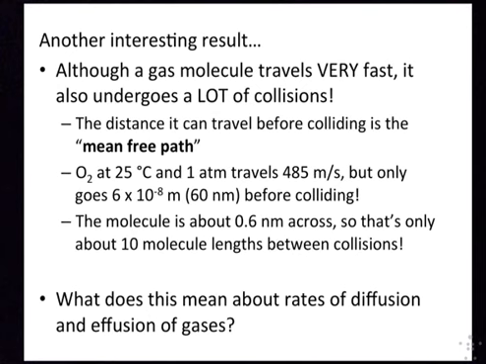That process of molecules moving through a room we call diffusion. And there's also another process whereby molecules leak out of small holes, and we call that process effusion. So the speeds of molecules allow us to compare their rates of diffusion and effusion. So let's do that now.